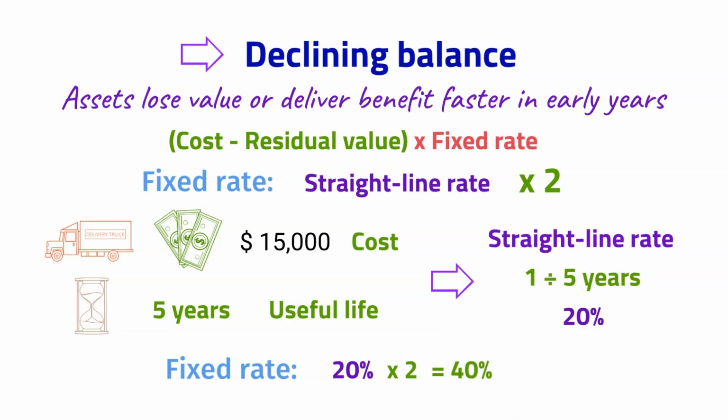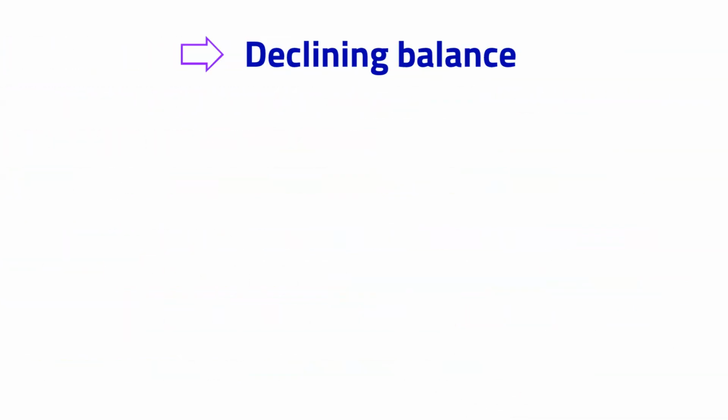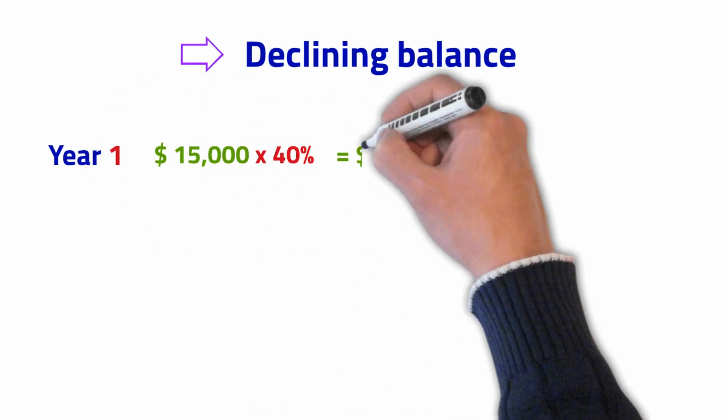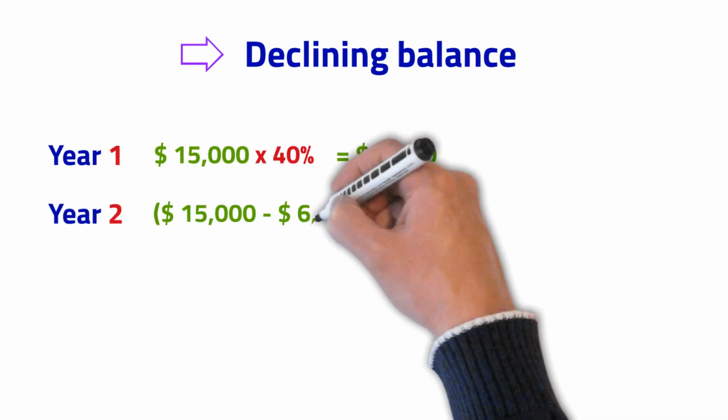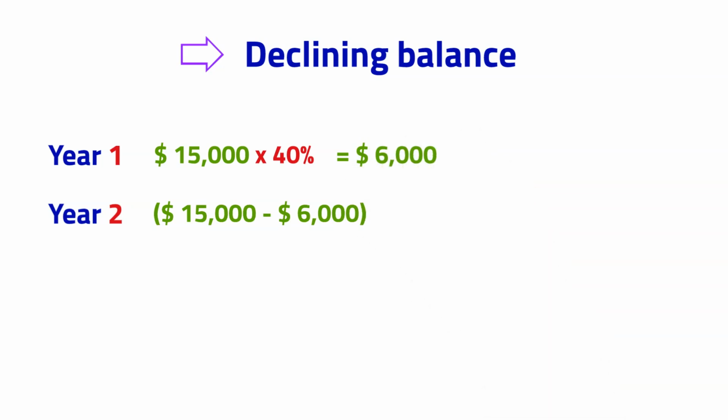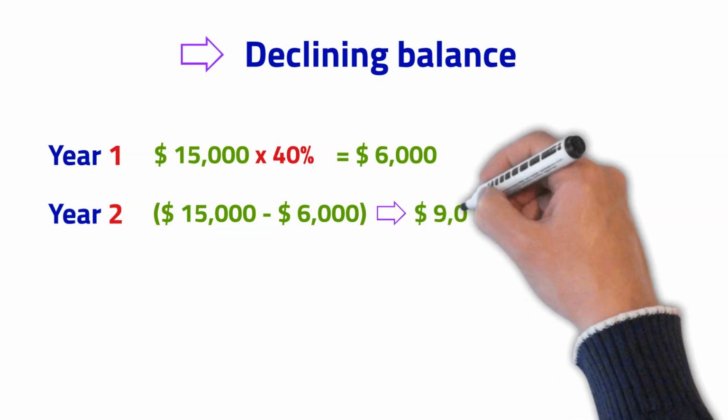What happens then to our depreciation? In year 1, our depreciation will be $15,000 multiplied by 40% or $6,000. In year 2, 40% will be applied to the remaining carrying amount. That means 15,000 less 6,000 depreciation from last year equals 9,000 remaining value.